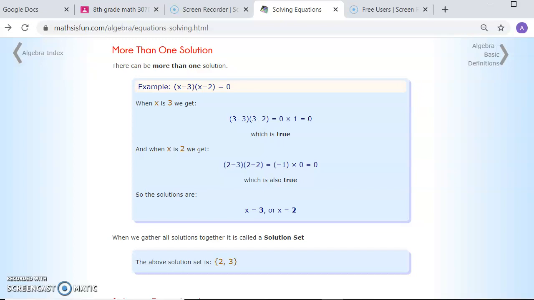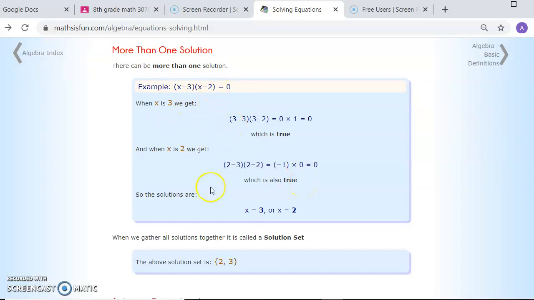When x is equal to 2, you also get a good answer. You get 2 minus 3 equals negative 1, times 2 minus 2, which is 0, and that is equal to 0, which is true.